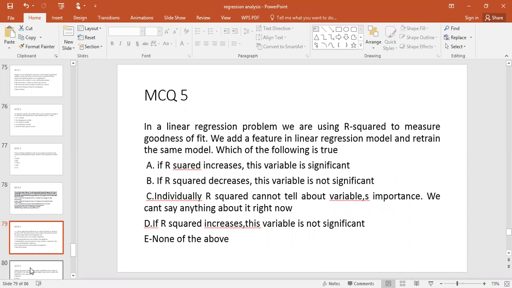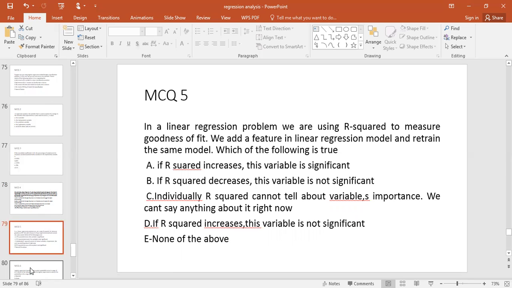MCQ number 5. In a linear regression problem, we are using R squared to measure goodness of fit. We add a feature in linear regression model and we train the same model. Which of the following is true? A. If R squared increases, this variable is significant. B. If R squared decreases, the variable is not significant. C. Individually R squared cannot tell about variable's importance. We cannot say anything about it right now.